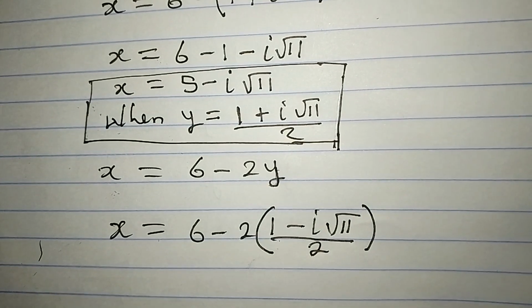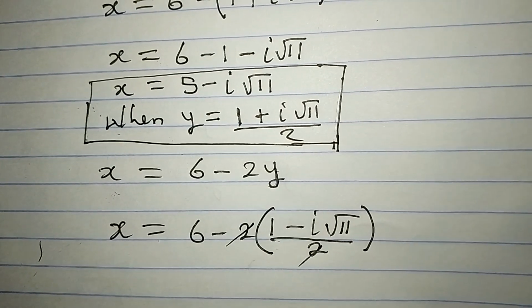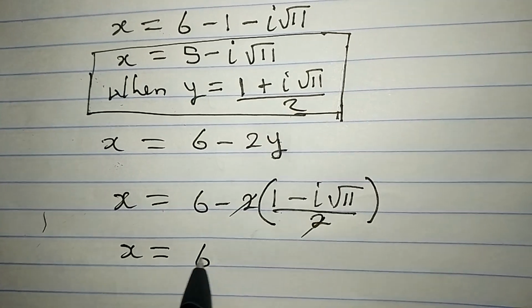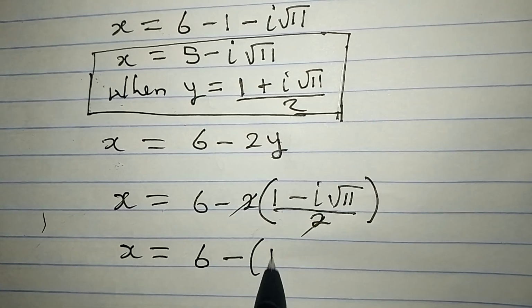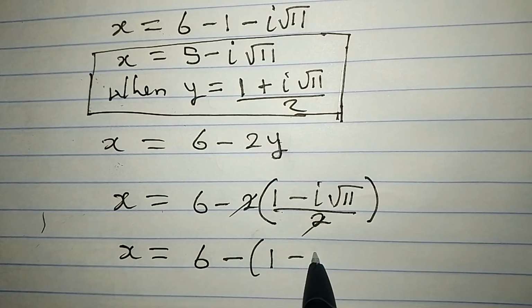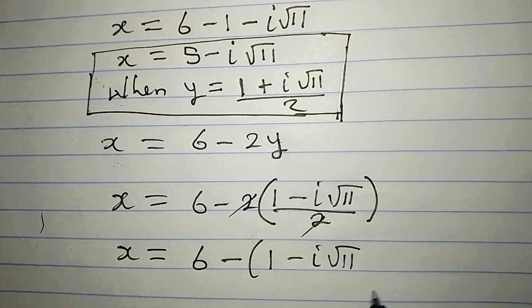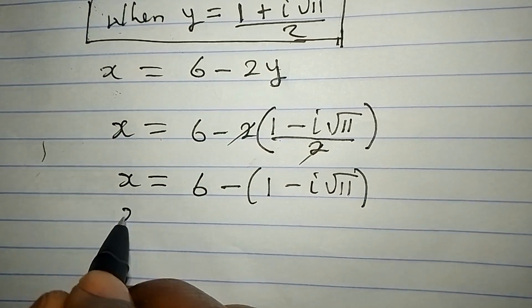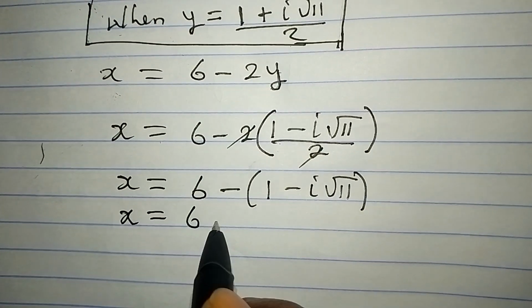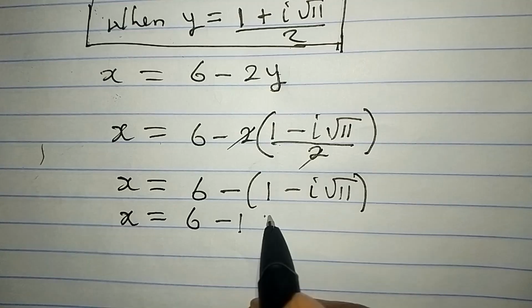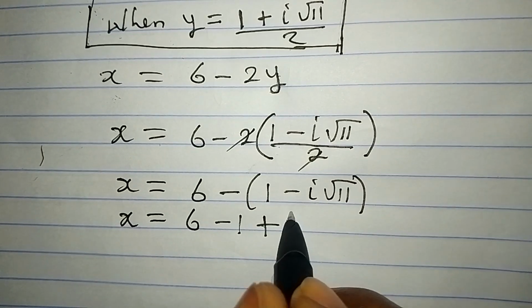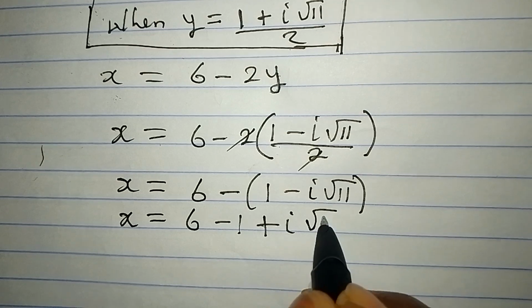Close this. Now this can equally cancel this, and we have x equal to 6 minus, open bracket, 1 minus I root 11. Close this. Then x from here will be equal to 6 minus 1. Then negative negative will give positive. Then we have I root 11.